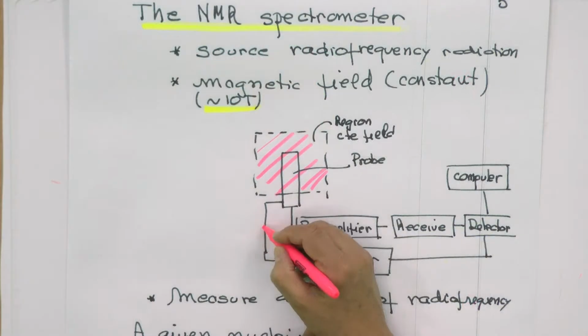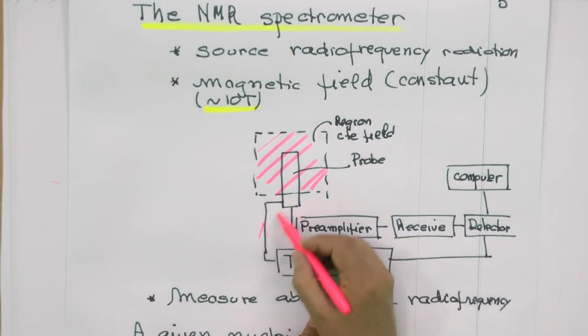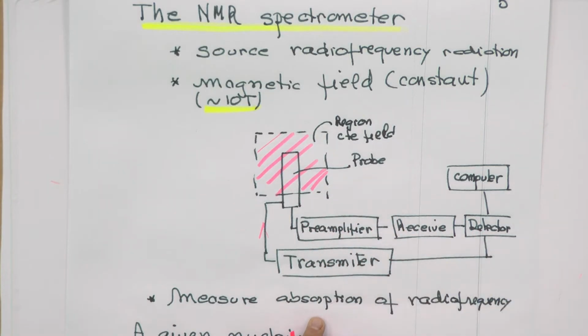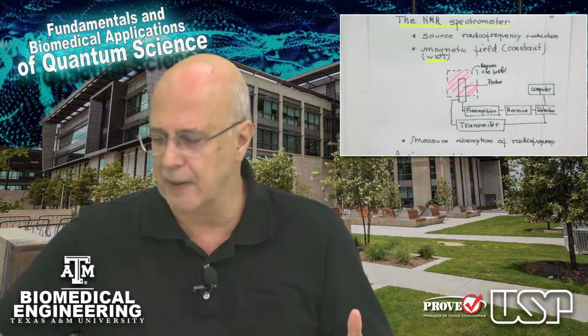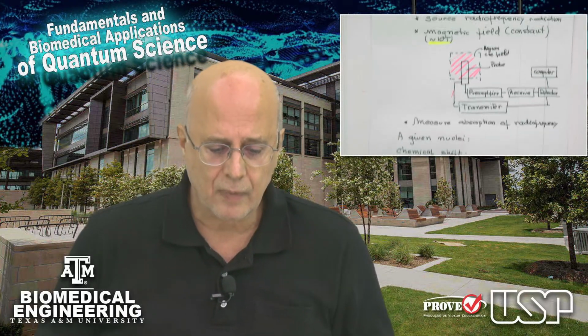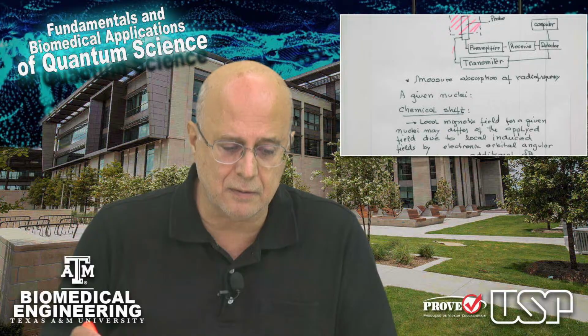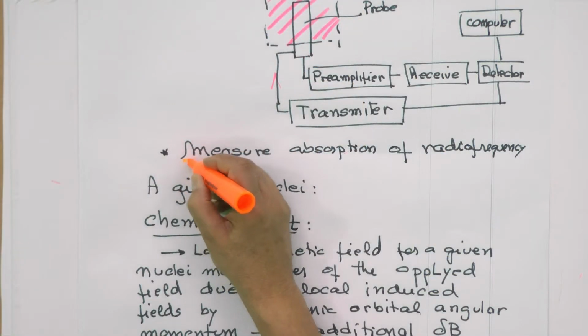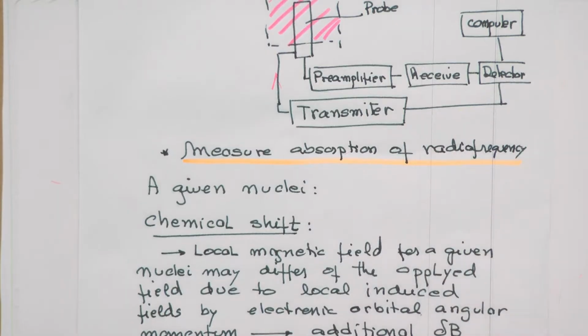So I send the radio frequency, and I observe how much is absorbed. What is the quantity of radio frequency that's absorbed, and then I have a spectrum like we do in many other spectroscopic techniques. We measure the absorption, and we can identify what is the spin that absorbs.